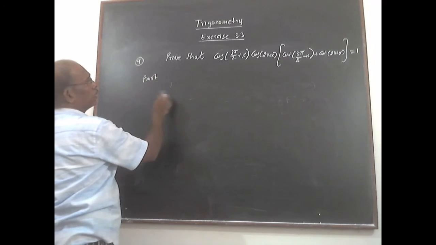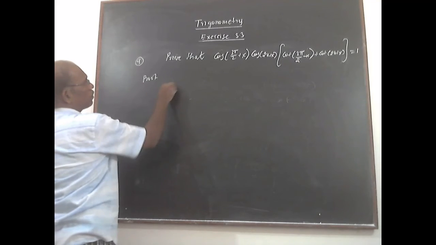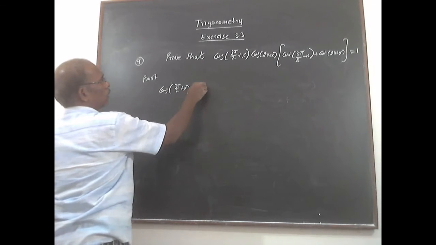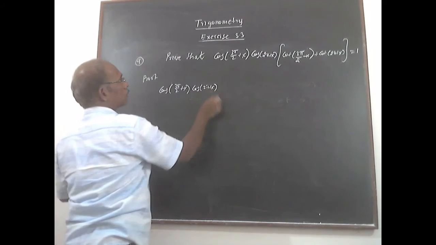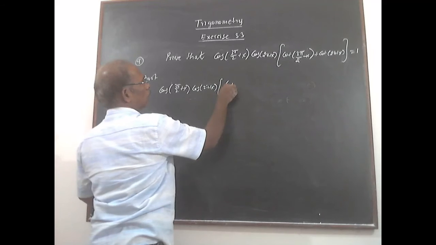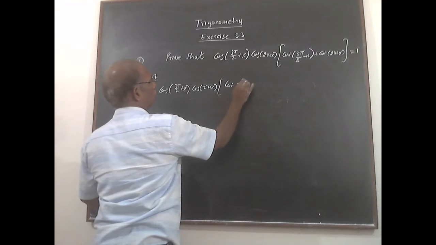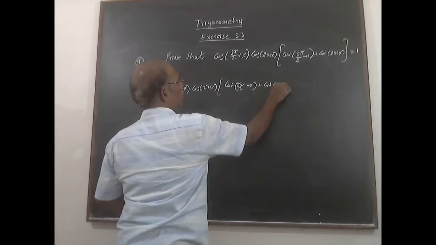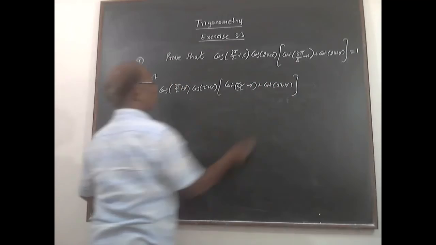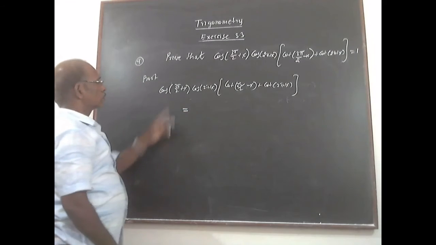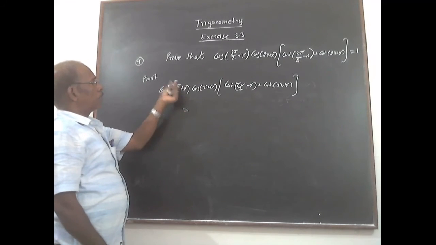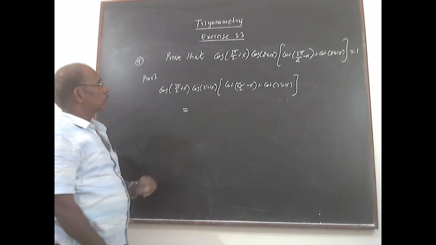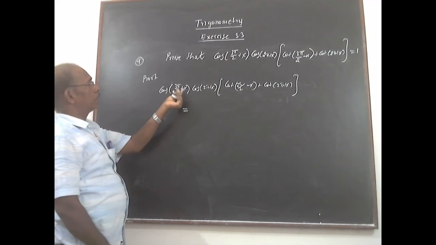Let us take cos of 3 pi by 2 plus x into cos of 2 pi plus x into cot 3 pi by 2 minus x into cot 2 pi plus x is equal to. 3 pi by 2 is an odd multiple of 90, so allied angle rule, cos goes to sin, and more than 270 it falls in the fourth quadrant.